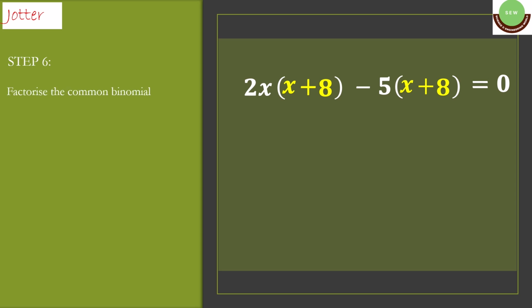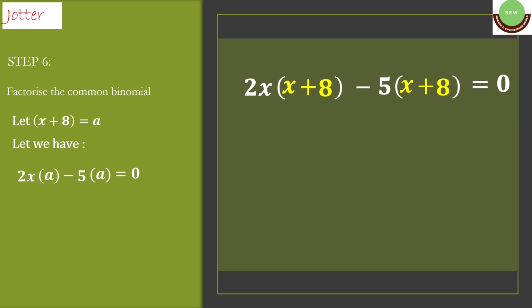Now, what is common here? We see that x plus 8, which is in the bracket, is common to the two terms on the left-hand side. So we can now write x plus 8 to be a. So rewriting this, we can now write it as 2xa minus 5a equals 0.